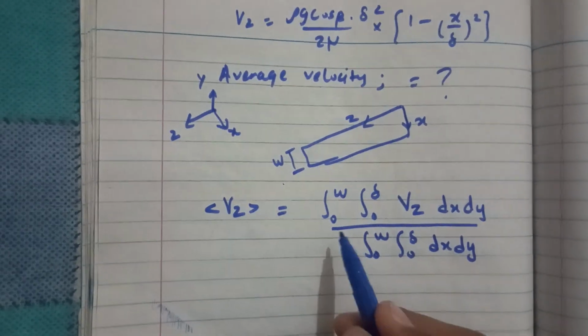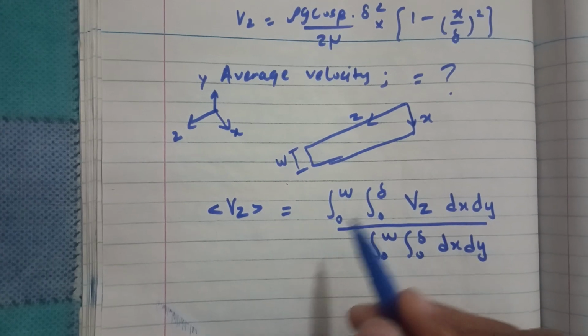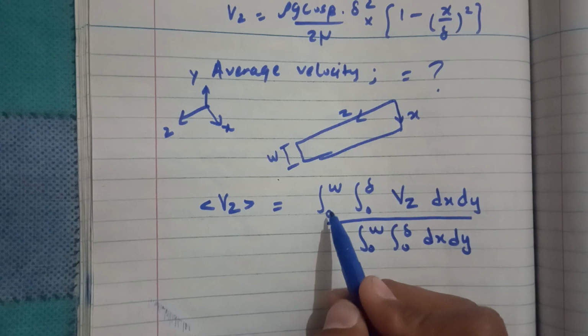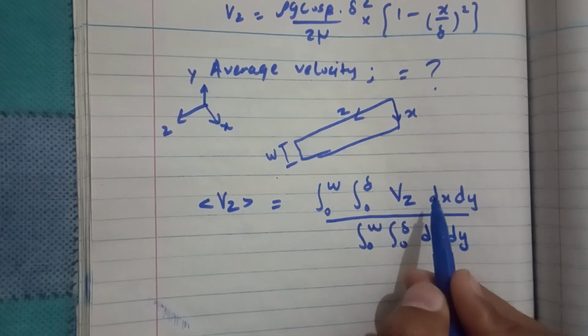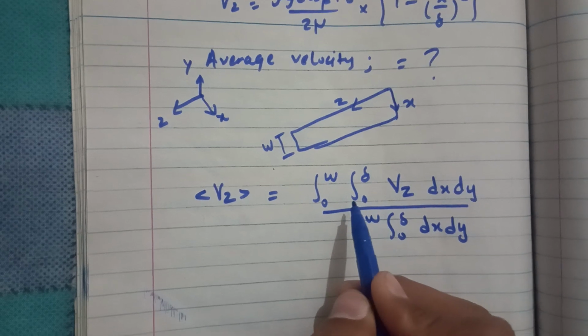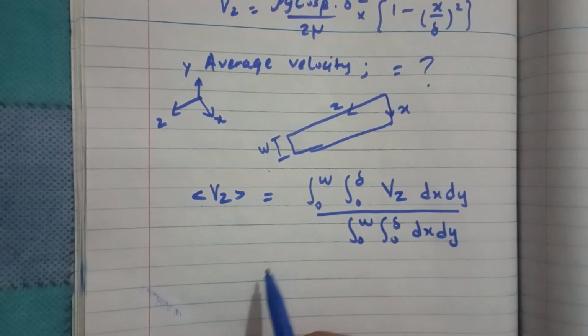We know that our velocity profile does not depend on the y direction, so the integral 0 to w with dy will come out of the equation.